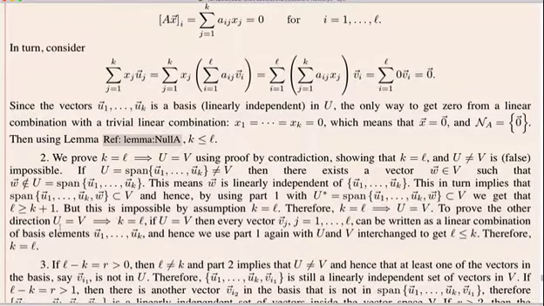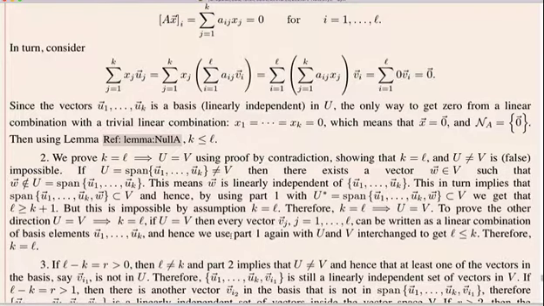To prove the other direction, that u equals v implies that k equals L: if u equals v, then every vector vj, j goes from 1 to L, can be written as a linear combination of basis elements u1, ..., uk, because the basis of u is then the basis of v.